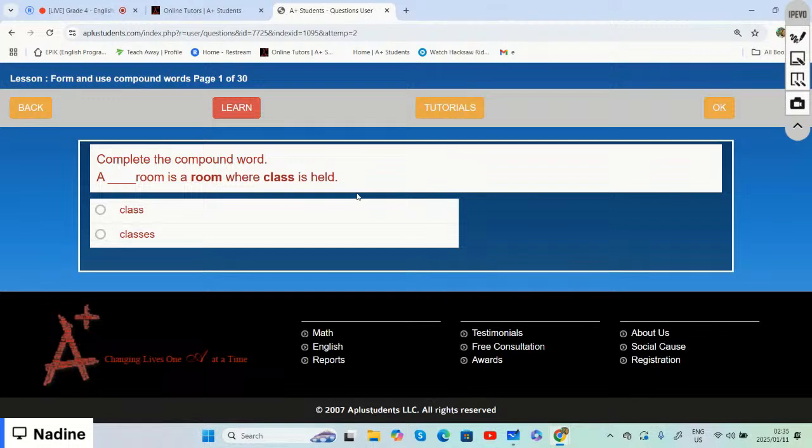So we say is it a classroom, a room where class is held, or do we say a classes room? Which one is correct?